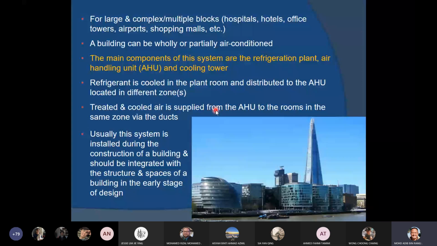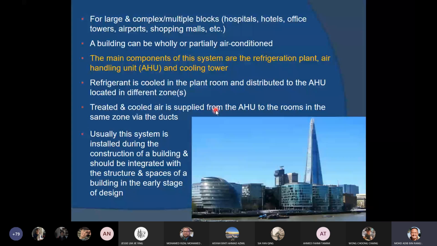Especially when you went to the shopping mall and wanted to go to the toilet, this AHU room is normally located around that place, the service zone, service area. So in the plant system, refrigerant is cooled in the plant room and distributed to the AHUs located in different zones.